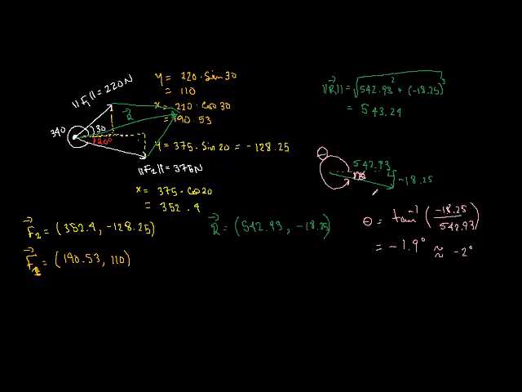Now I made a little mistake again. So negative 2 degrees is in this direction here, in the negative direction. So this whole thing here is 360 degrees minus these 2 degrees, and that's 358 degrees in orientation. So this here is 358 degrees.